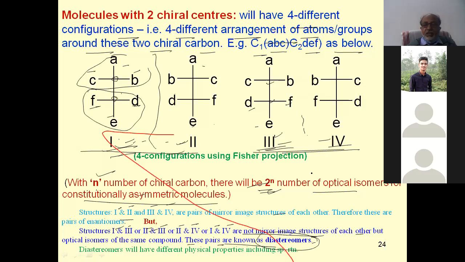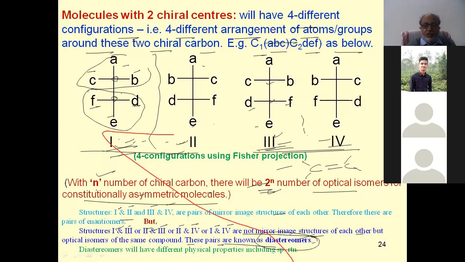Even the cis-trans isomers that we get in other cases are actually diastereomers because they are not mirror image structures. In that case, of course, they are not optically active. In this case, all of them are optically active, and they are not mirror image structures. I think you got that point.